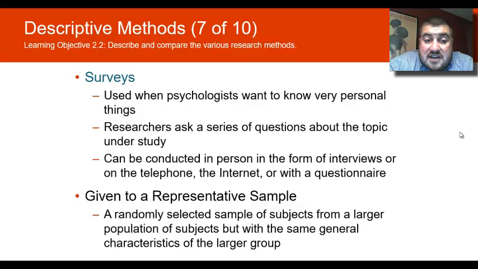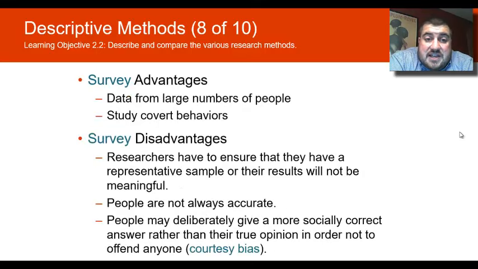So if my target population was Americans, I might give my survey to 100,000 Americans, and that would be my representative sample of the 315 million Americans that there are. Advantages to surveys are you get a large amount of data from a large number of people fairly easily, and you can study behaviors that people don't really broadcast to society.